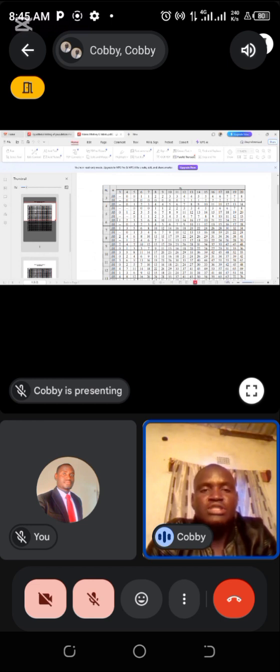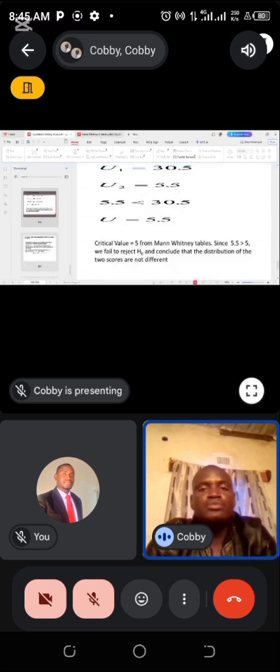So we're going to take this line and find our N value. The critical value from this table is going to be 5. We are getting 5.